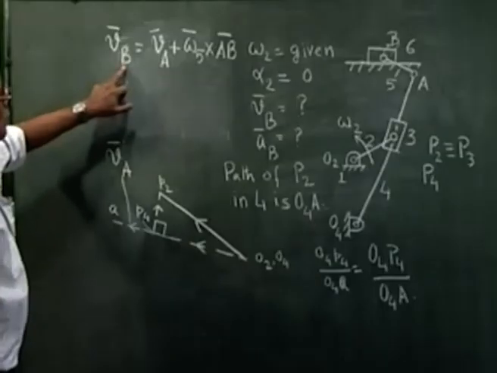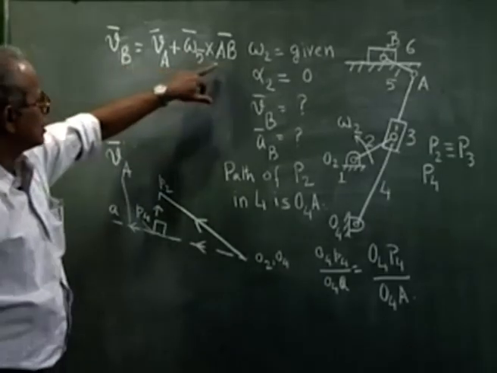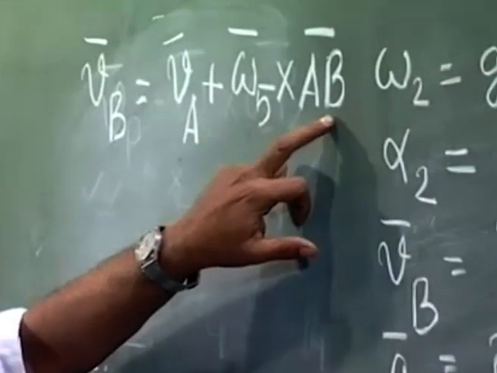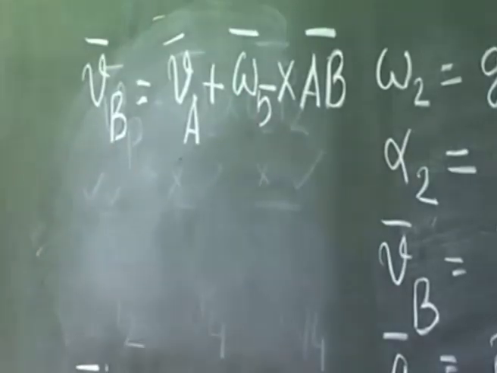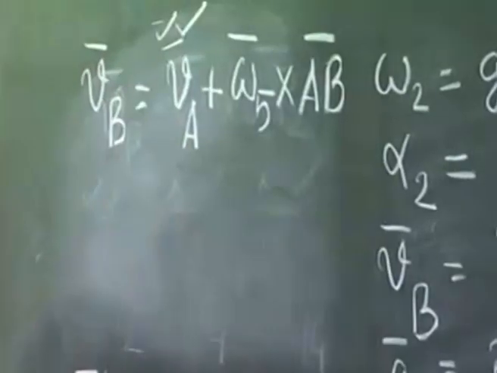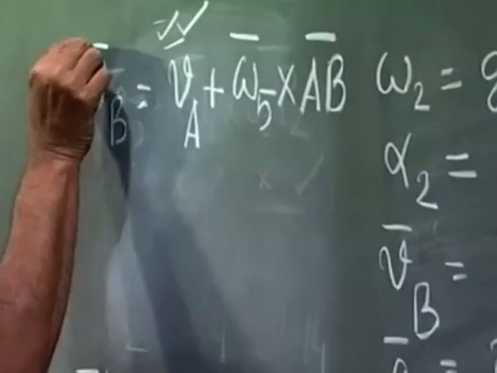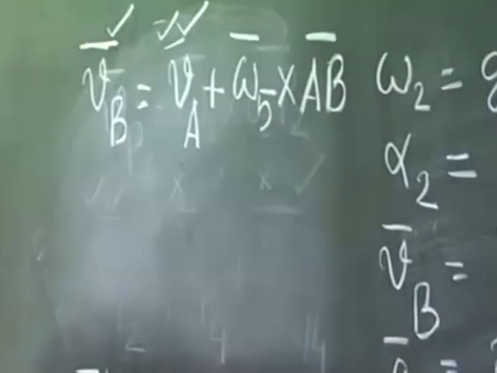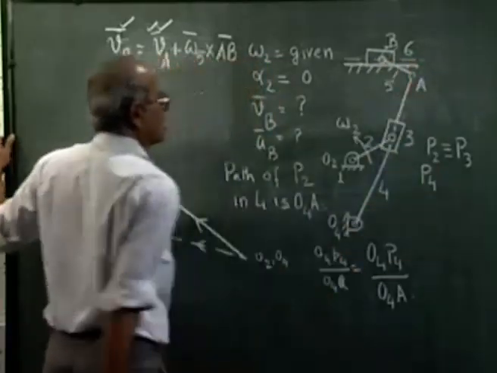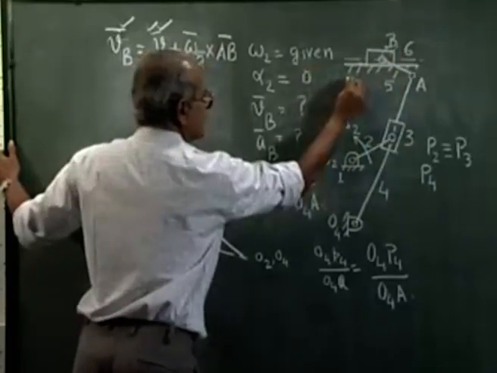So, their velocities are related through this equation VB equal to VA plus omega 5 cross AB. In this vector equation, as we know, velocity of A has been completely determined. I know both the magnitude and the direction. For VB, I know the direction which is horizontal because the point B is constrained to move along a horizontal path due to the prismatic pair between 1 and 6.